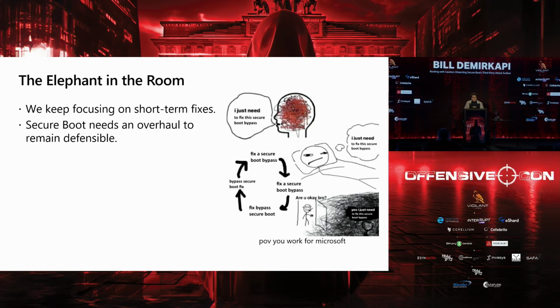And now, the elephant in the room is that we keep focusing on short-term fixes, but I think that Secure Boot needs an overhaul to remain defensible. A lot of the problems with our patching capability really come from the fact that we have our hands tied behind our backs. We have limited space in DBX.